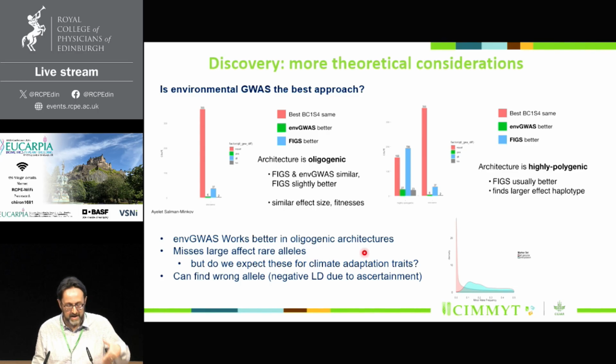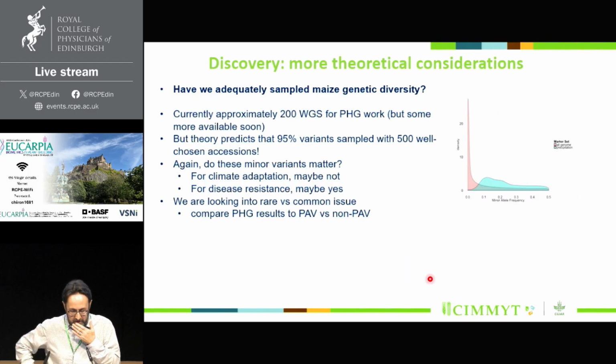Because we're looking at things that have adapted in a relatively short time, so we would expect the frequencies not to be that rare. But we have some discussion of whether that's important. And sometimes, I'm not going to go into the details, you can find the wrong allele with environmental GWAS due to negative linkage disequilibrium with ascertainment bias issues.